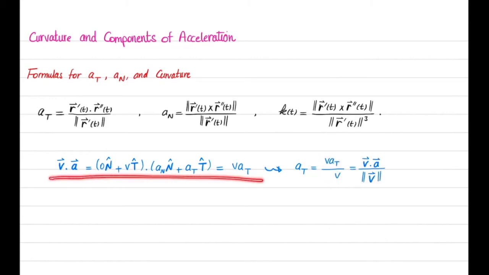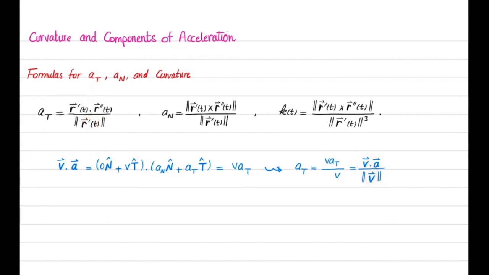We just saw here that V dot A is equal to V A_T, and also we know that this V is the magnitude of the velocity vector. So the velocity vector is the first derivative of r, the acceleration vector is the second derivative of r, and again, the velocity vector is the first derivative of r.